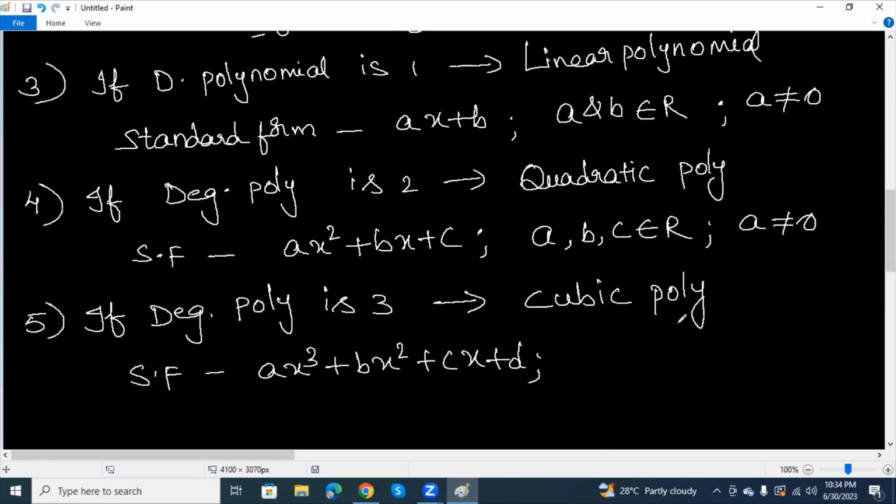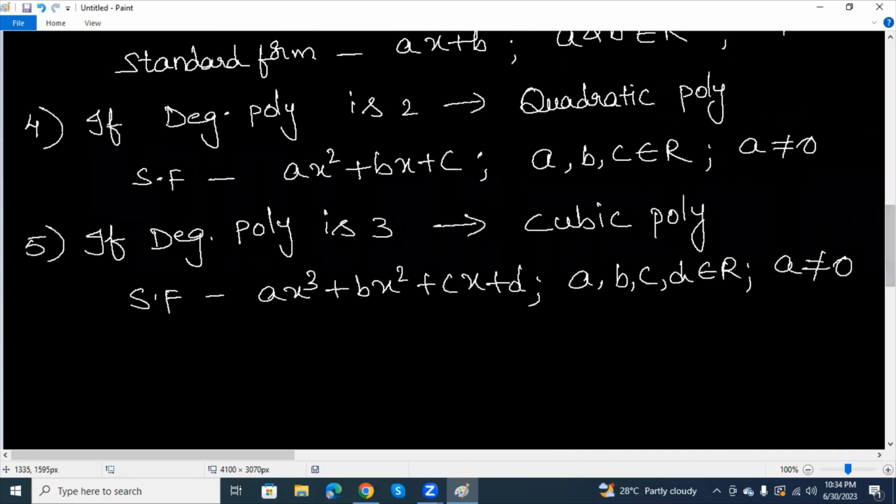So this is a cubic polynomial. Here also a, b, c, d belong to real numbers and a should not be equal to 0. So this is how, based upon the degree, we can give different special names to that polynomial. Now, let's learn the standard form of a polynomial.